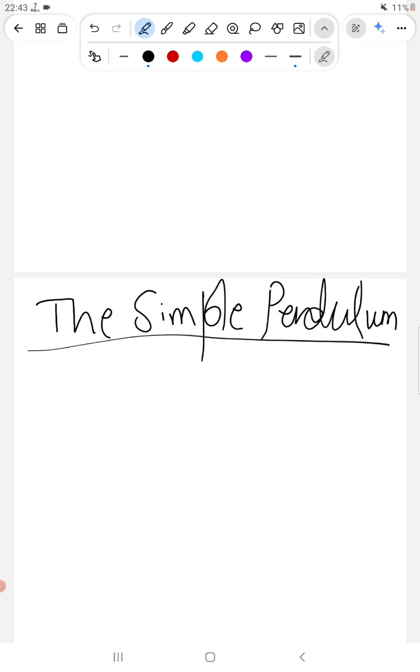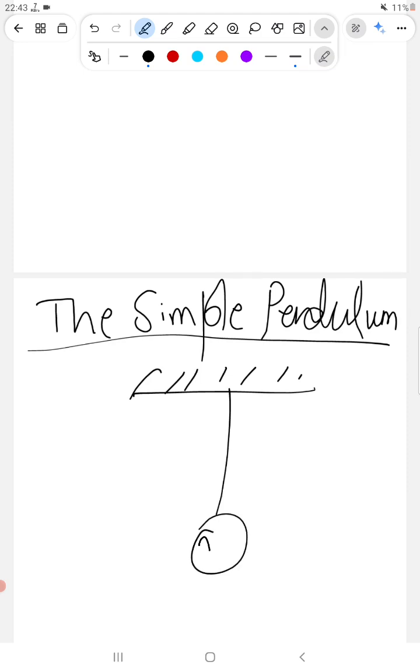A simple pendulum is a system wherein you take a very lightweight, inextensible thread and tie a bob to the thread. Let us suppose this thread is tied to a wall, and one end of the thread is attached to the mass m.